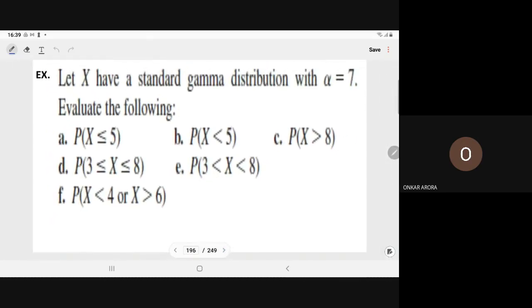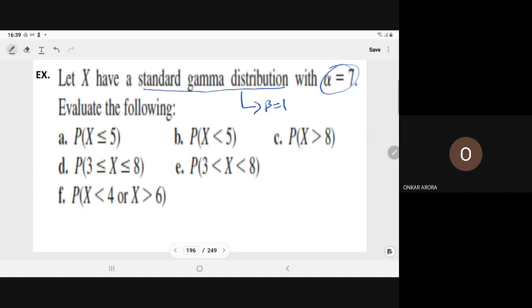So let us take this question from your book. Let X have the standard gamma distribution with alpha equal to 7. Only alpha is given, and it says standard gamma distribution. When it is given to you as standard gamma distribution, you always have to assume beta is equal to 1. Now you have to determine the probability X less than or equal to 5.